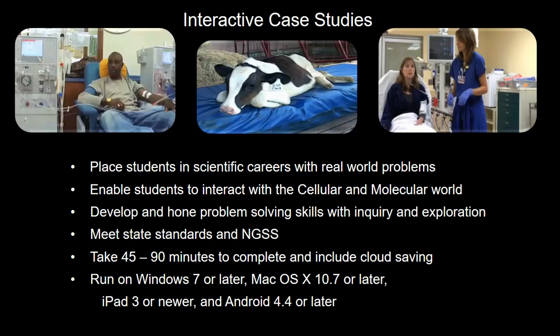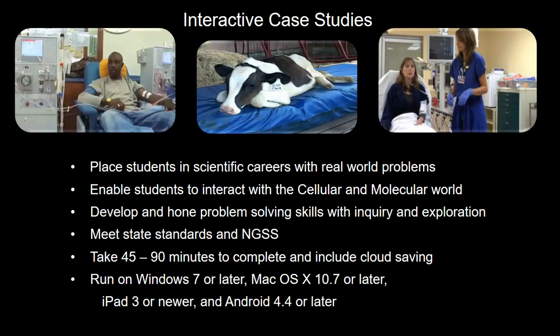and really motivates them to save the patient. These case studies also enable students to interact with the cellular and molecular world, so they're able to see these concepts in a way that they don't normally get to experience through traditional textbook methods. They also help them develop and hone their problem solving and critical thinking skills, which we know a lot of students struggle with and isn't normally covered through standardized testing.